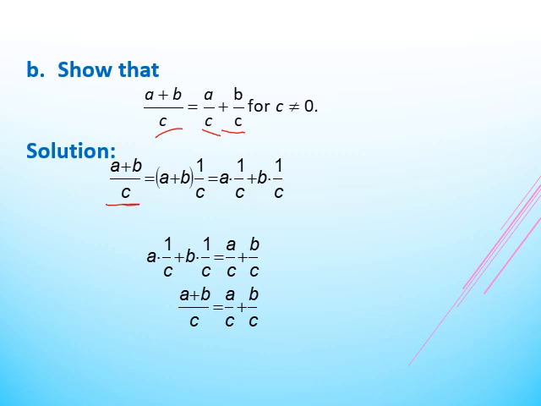Let's take the left-hand side and make our steps to reach the right-hand side. (a plus b) over c equals (a plus b) times 1 over c, which is equal by the distributive property to a times 1 over c, which is a over c, plus b times 1 over c, which is b over c. So, by taking 1 over c as a common factor, it is equal to (a plus b) over c.